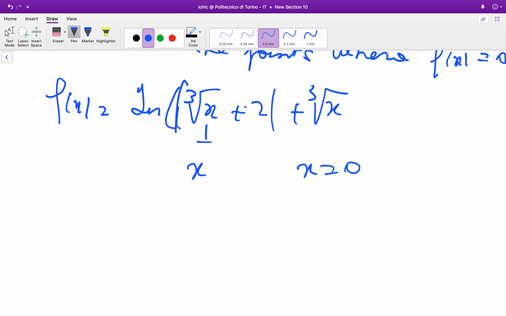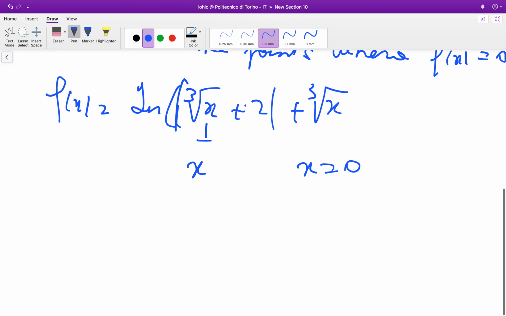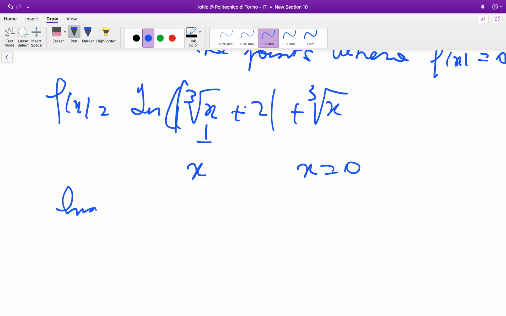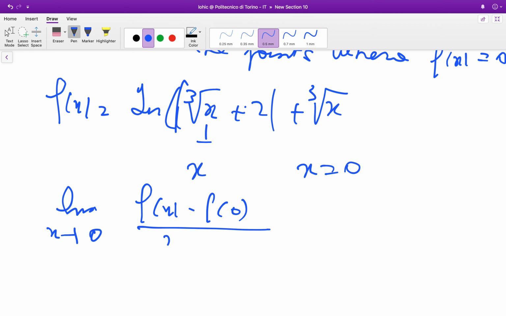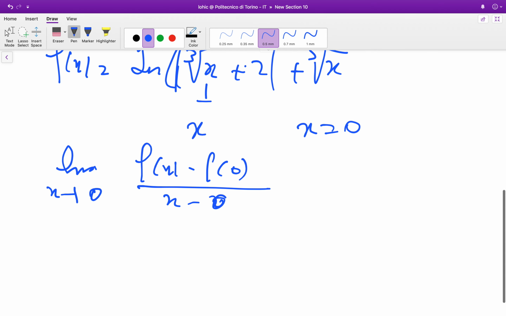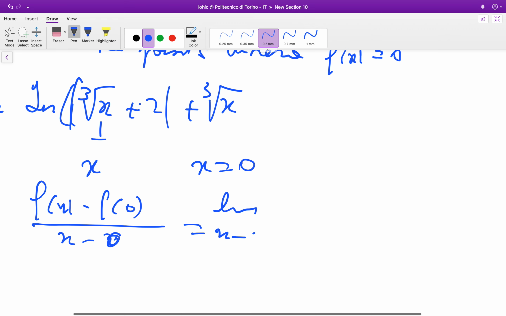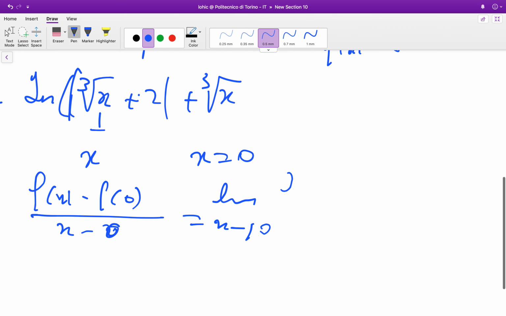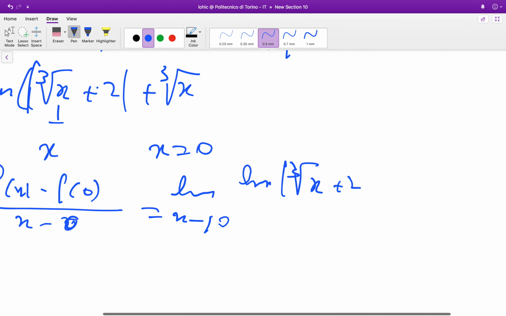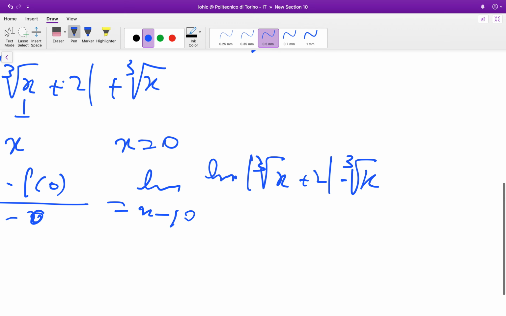Usually people first compute the derivative and then study, but in this case they ask us to study the differentiability at 0. To study the differentiability at 0, we do the limit when x tends to 0 of f of x minus f of 0, divided by x minus 0. So it's the limit when x tends to 0 of my function, which is the logarithm of the absolute value of the cubic root of x plus 2, plus the cubic root of x, minus f of 0.